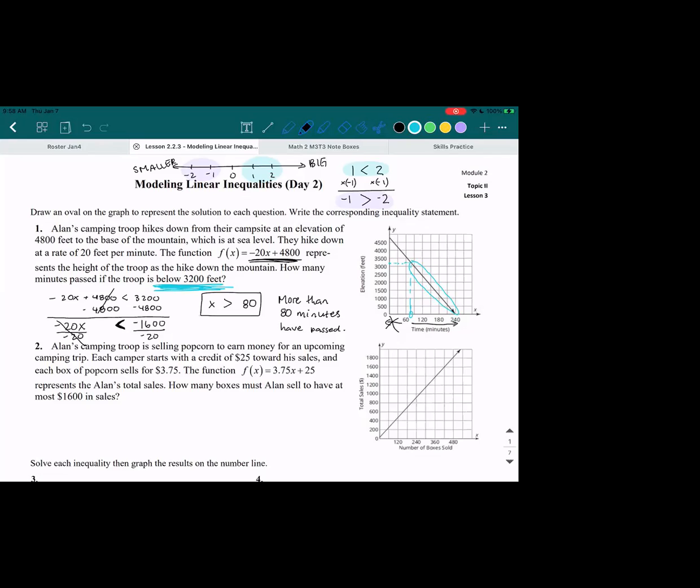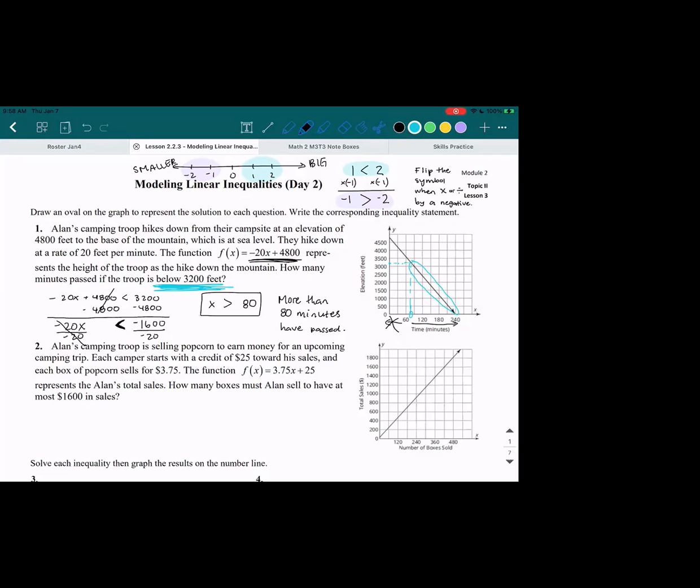Okay, I'm just going to write that out, and you should write this sentence out, okay? Flip the symbol when multiplying or dividing by a negative.